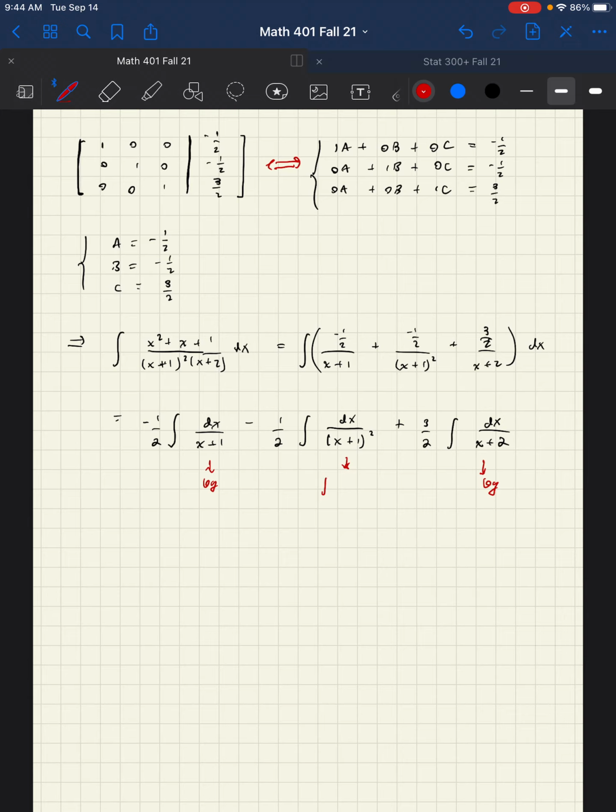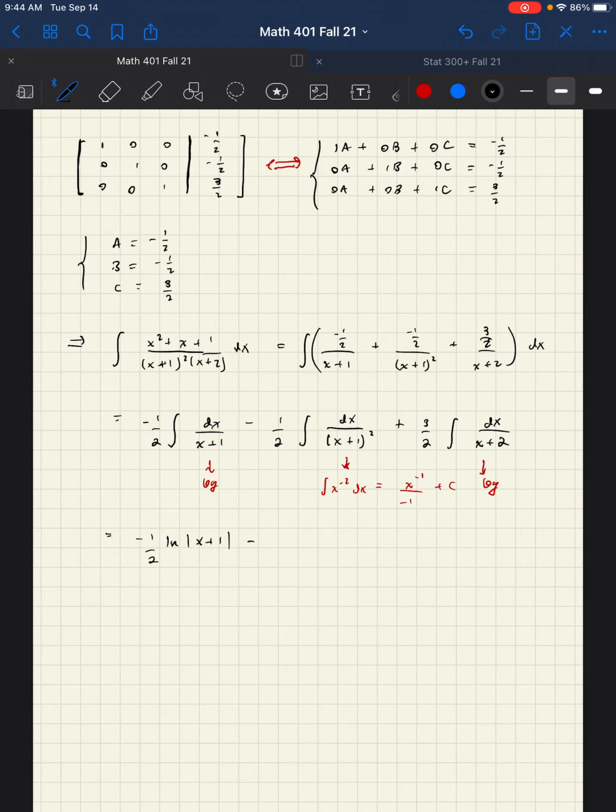So you actually have the integral of x to the -2 dx, which is going to give us, if you add 1, x to the -1 over -1. So -1 over x. The plus c we'll add at the very end, so that doesn't matter. So we end up with -1/2 natural log of x plus 1 absolute value bars.